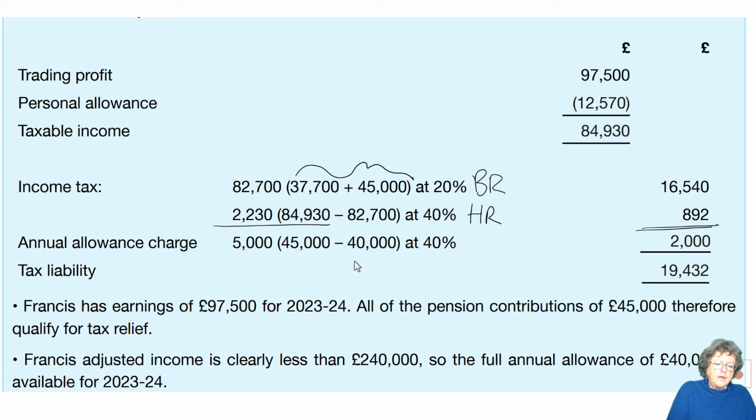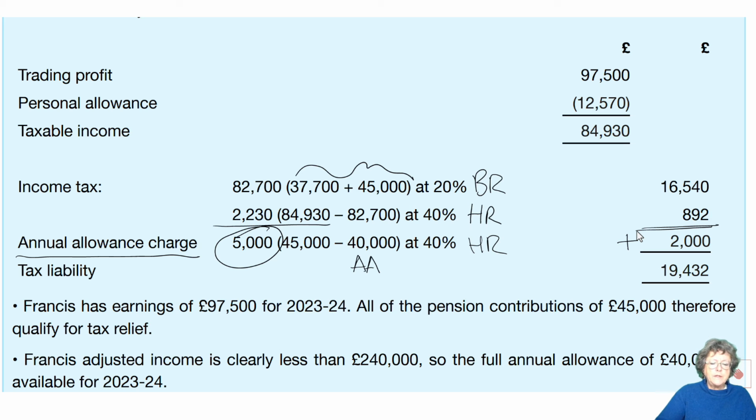Now, he's only allowed an annual allowance of 40,000 because he doesn't have any allowances brought forward. Therefore, 5,000 will be his annual allowance charge. And you see how it's labelled there? And that's taxed at high rate and added to his liability.